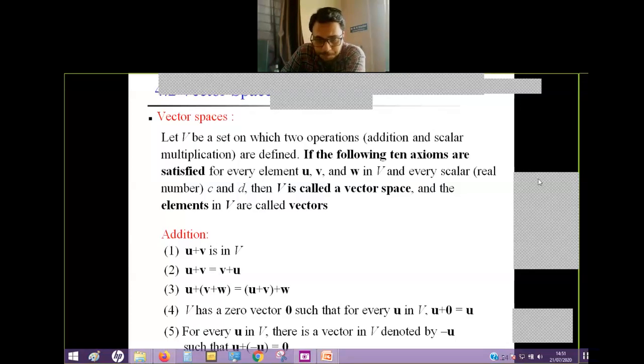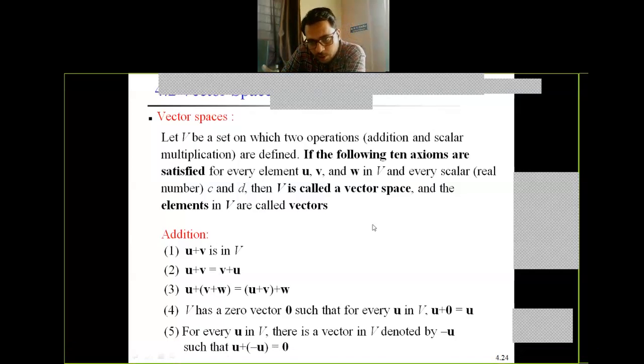These are the things on which the definition of a vector space depends. The 10 axioms that need to be satisfied are given mostly by the rules that we have seen, the properties of vector addition and the properties of scalar multiplication.